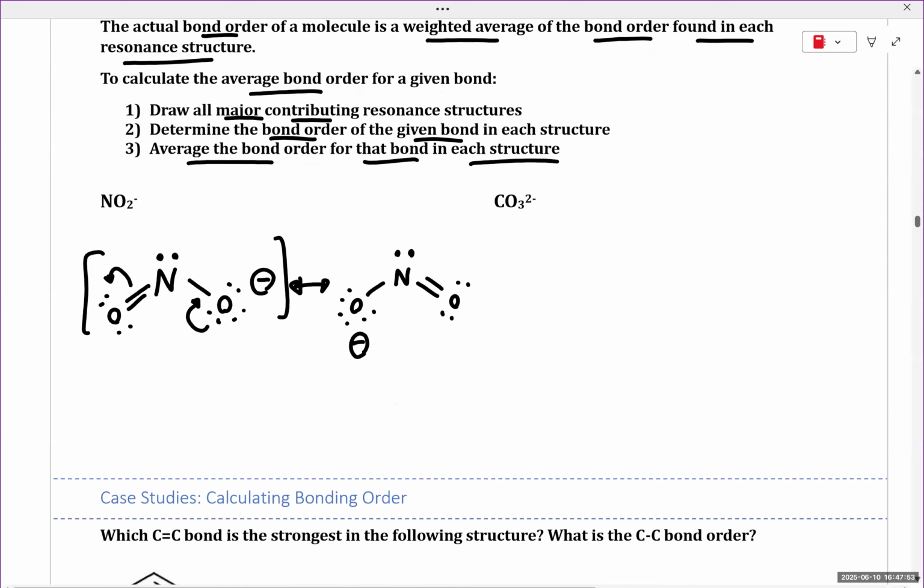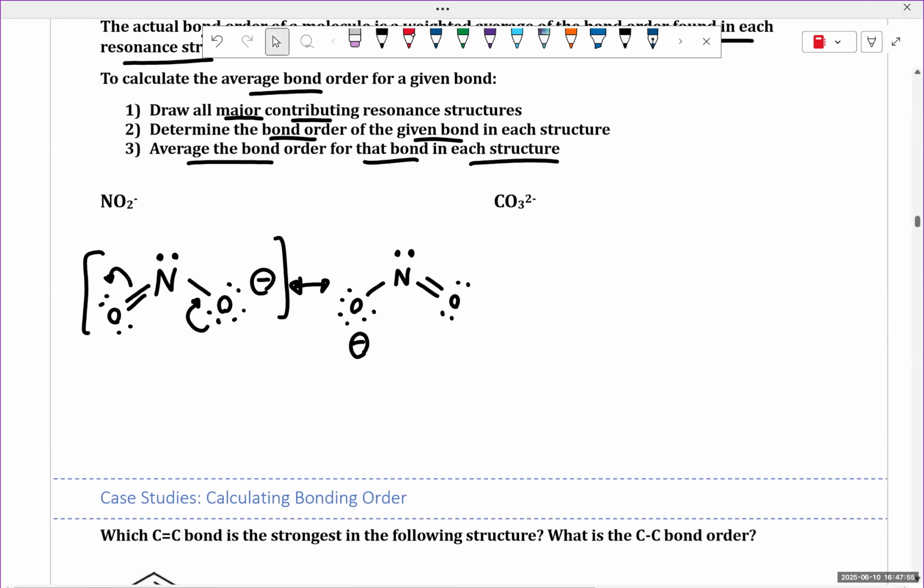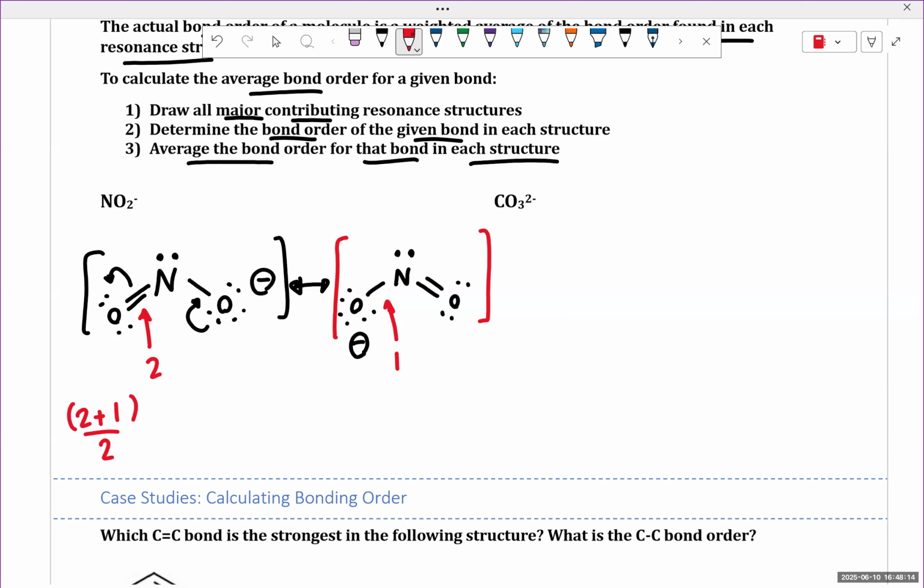Now, let's focus on one bond in particular. Let's just focus on this bond here. In one structure, it has a bond order of 2. In the second major resonance structure, it has a bond order of 1. So if we're drawing out our resonance hybrid, the average bond order across these two major contributing structures is 3/2, which is 1.5.